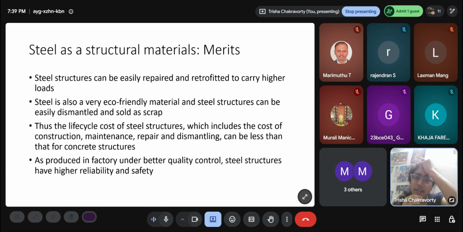Probability and uncertainty are inherent in every natural process. So even if there is no corruption going on in the structural process, any material cannot be so ideal that all the material being provided in a factory or being mixed at the site will have the exact strength which I'm expecting. Some parts will be higher, some parts will be lower.